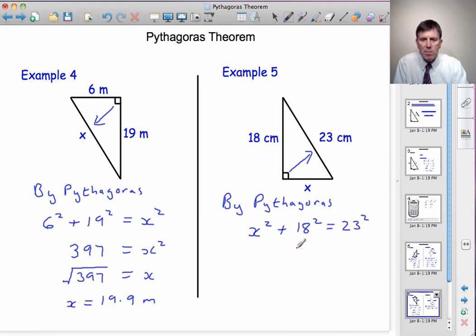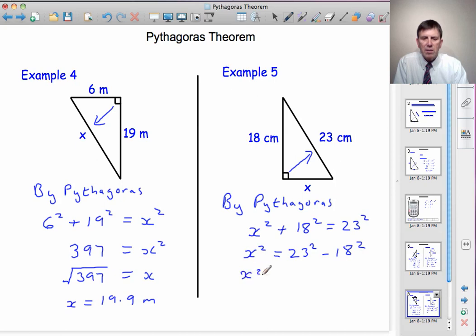So we see this time we're not trying to find the hypotenuse. The one we're trying to find isn't the one that's on its own. So let's get it on its own by taking the 18 squared to the other side, and we'll have 23 squared. Take the plus 18 squared across and it becomes minus 18 squared.